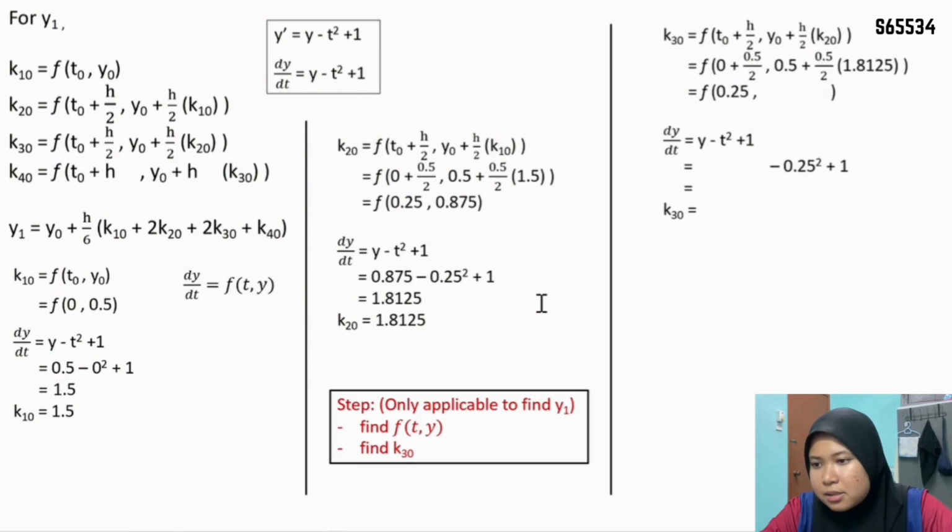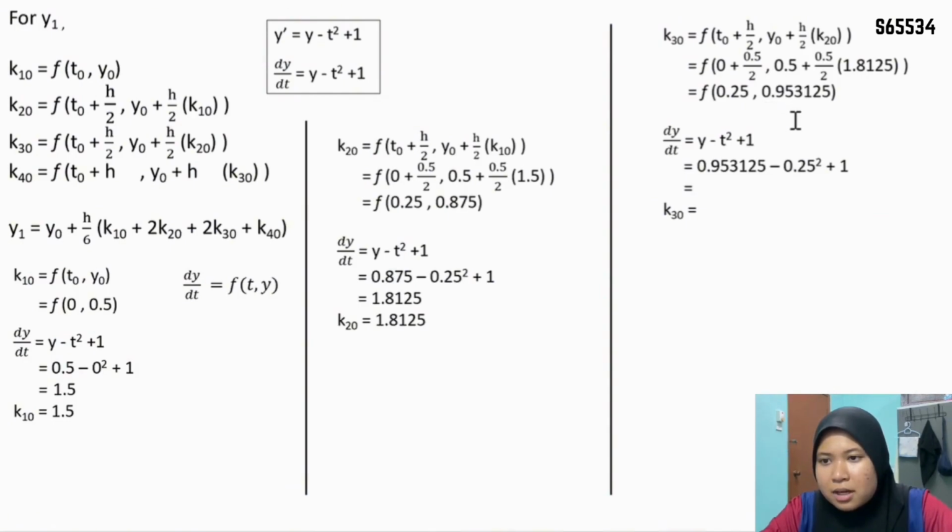The next step is the same for k30: we substitute into this formula and insert the values that we get, which are h, the same 0.5, and k20 from the previous calculation, and we can get f(0.25, 0.953125). We substitute the value into this formula as given, and we get the k30 value, which is 1.890625.